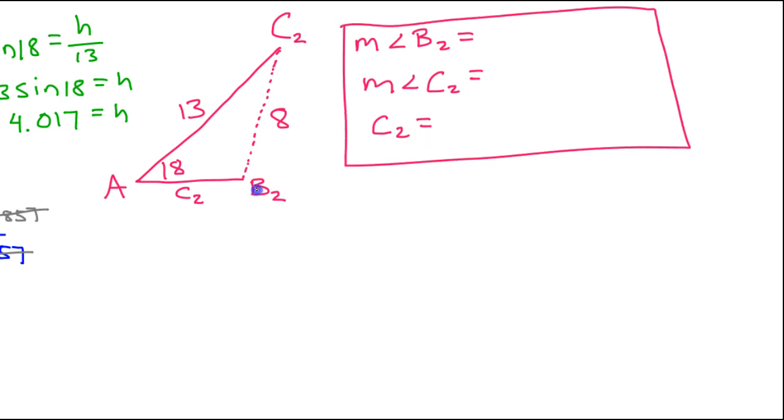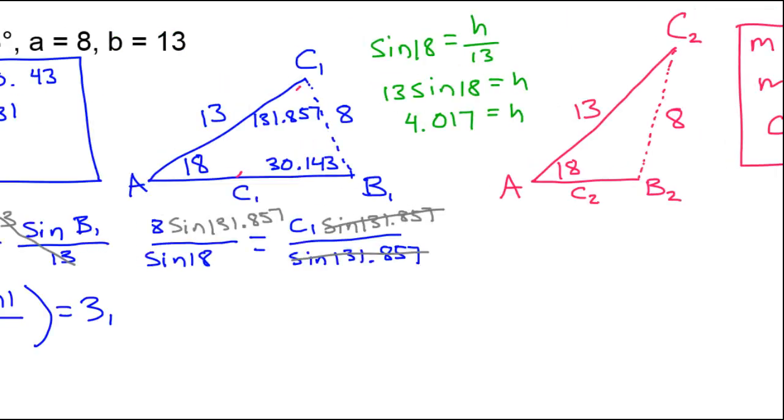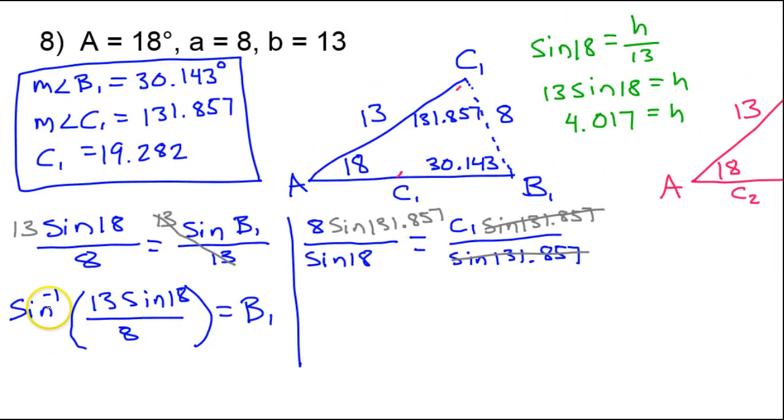Now, to find the obtuse angle, we cannot use the law of sines, because when you try to do the law of sines, you will wind up doing the inverse sine. An inverse sine will only give you an acute angle. In fact, it would give us the same acute angle that we already got. So that won't help us.